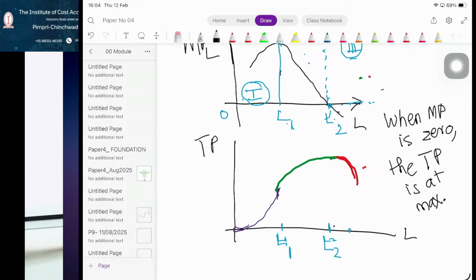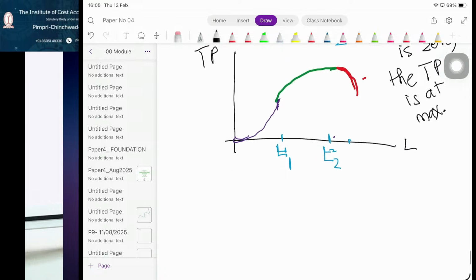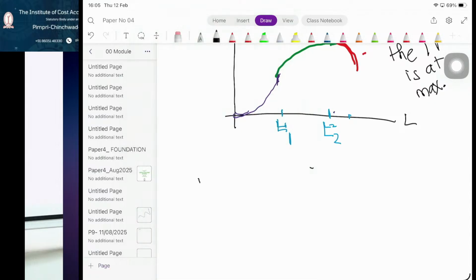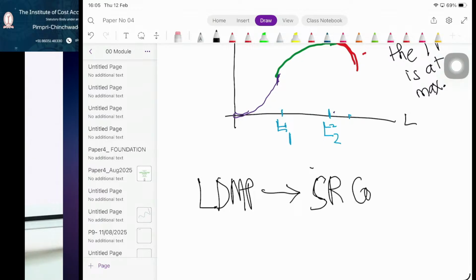Okay, fine. All of you just write one last thing. The law of diminishing marginal product gives us the short run cost functions.